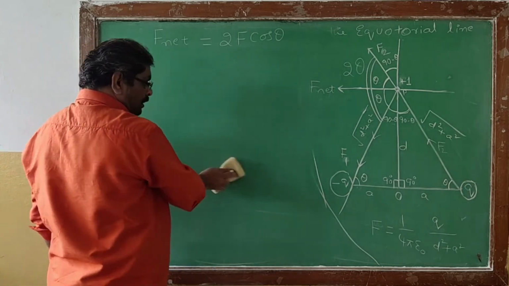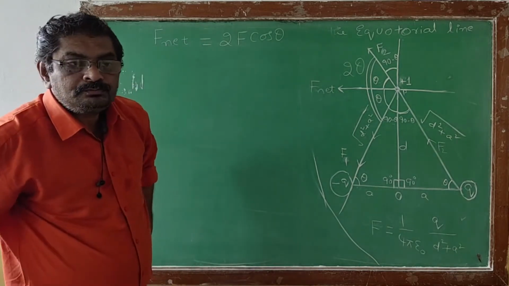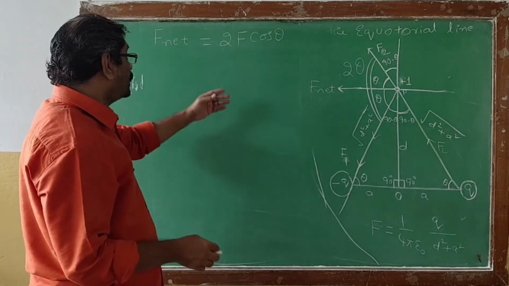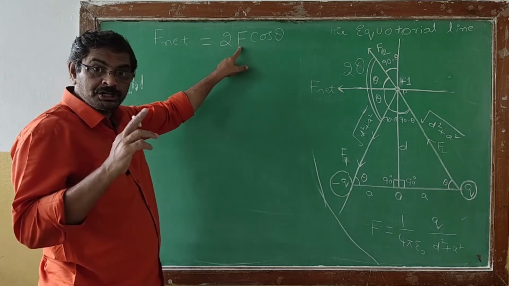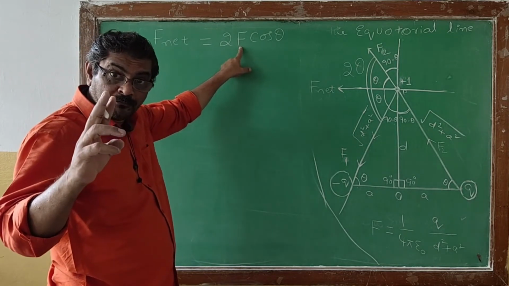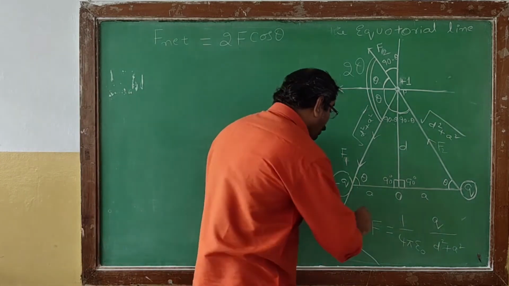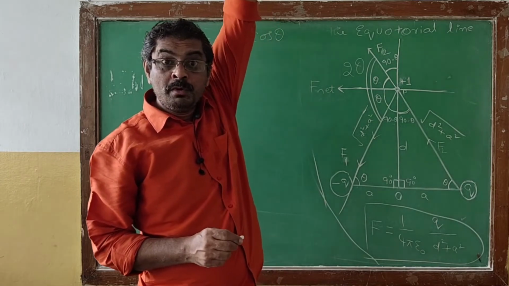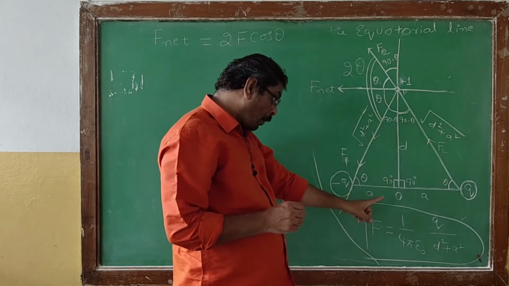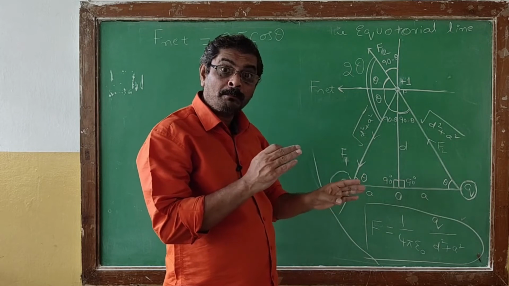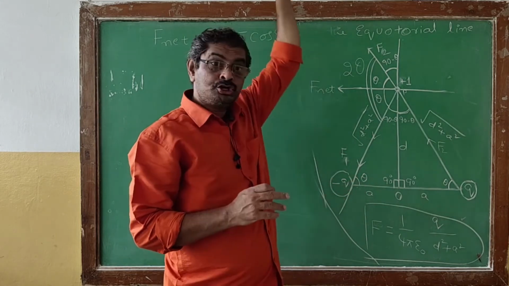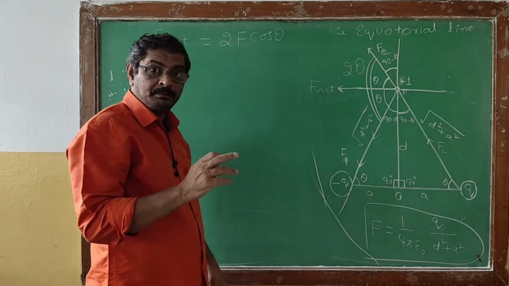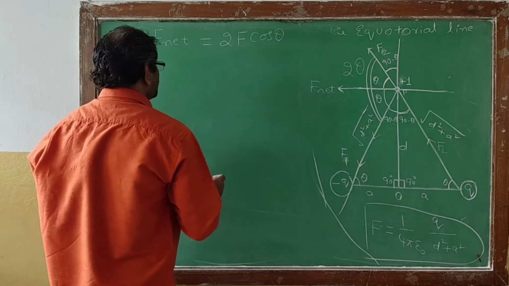Now further we can simplify, but you already know the value of F. You already know the value of F will be numerically equal to 1 by 4 pi epsilon naught, now multiplied by q divided by d square plus a square.